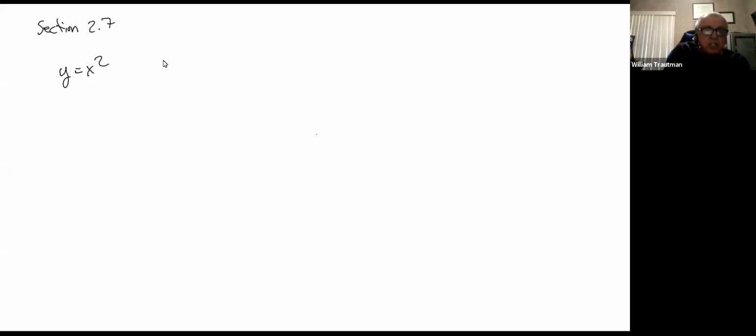We talked a little bit about y equals x squared, and this is how it looks. It's a parabola, a U-shaped graph.